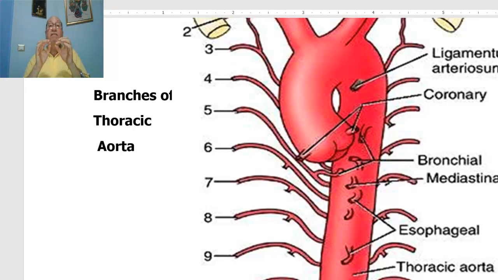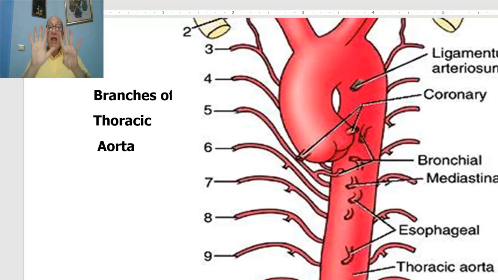And it gives the last intercostal which lies below the last rib. Because it lies below the last rib and here there is no intercostal space, this artery is called subcostal artery because it lies below the rib.